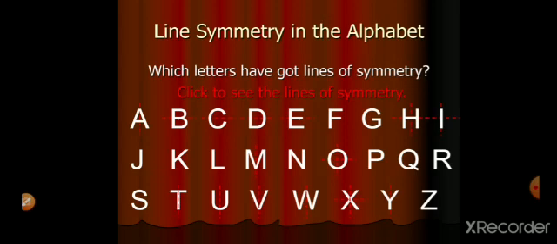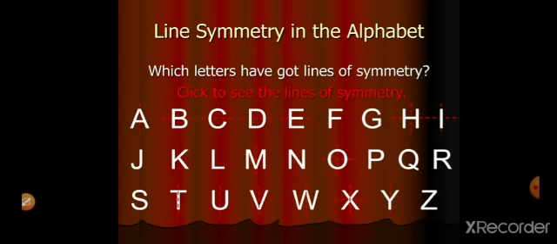Look at which letters have no line of symmetry. You can see that J, K, L, N, P, Q, R, S, Z. These letters, F and G, also do not have any line of symmetry, either vertical or horizontal.